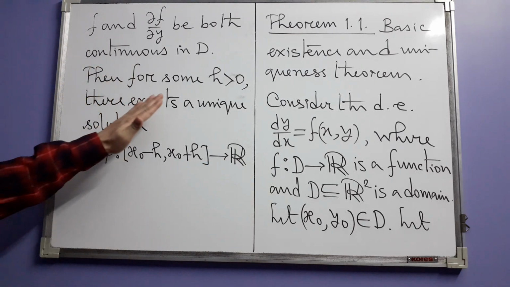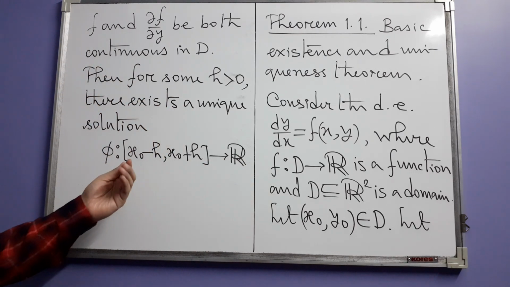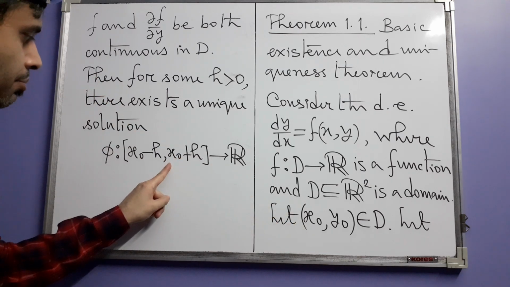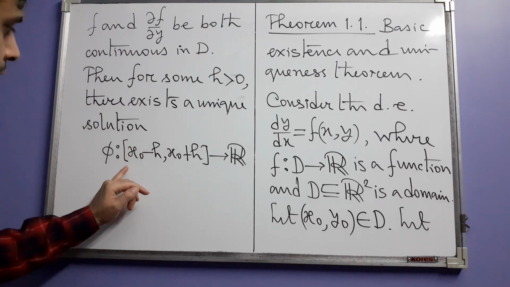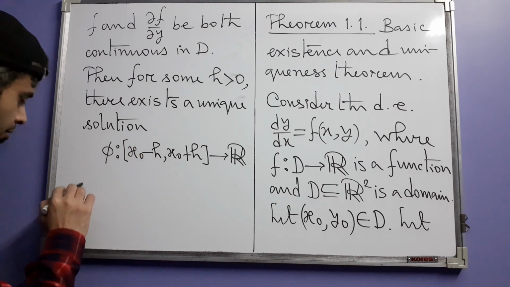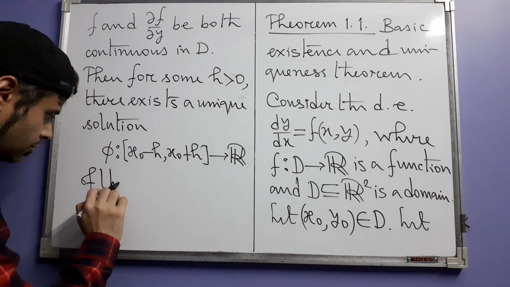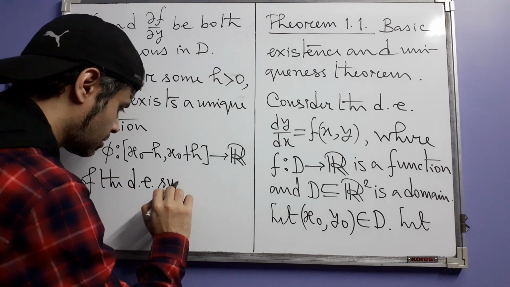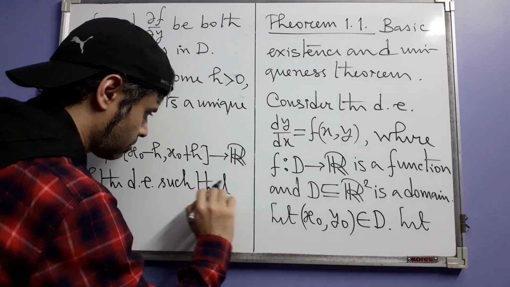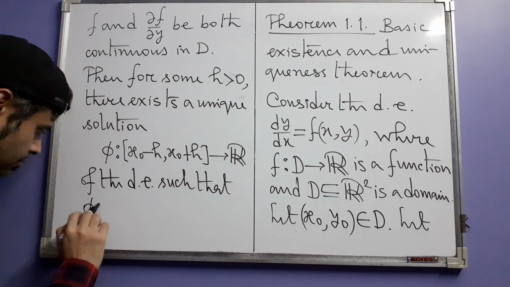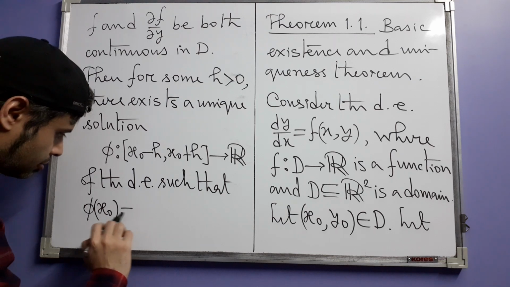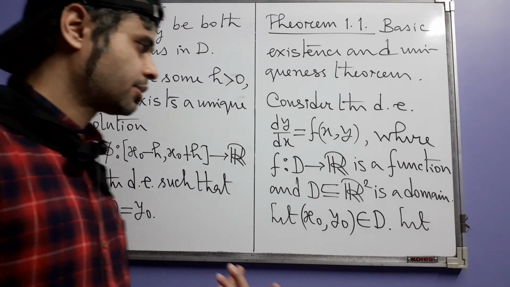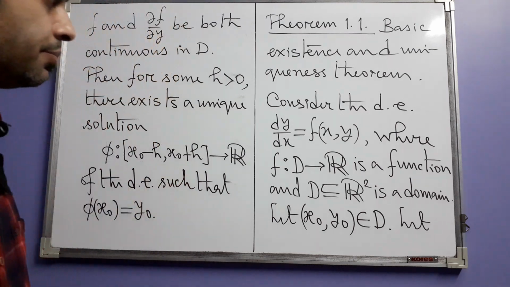Okay, so then there exists a unique solution which is a function of this type, which has that point x naught as its midpoint, I mean its domain, and is this closed interval of the differential equation such that it also satisfies the supplementary condition. If it's an initial value problem, the supplementary conditions are also called initial conditions.